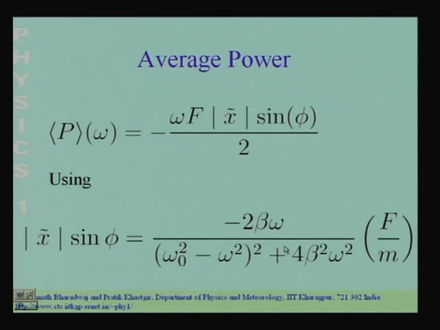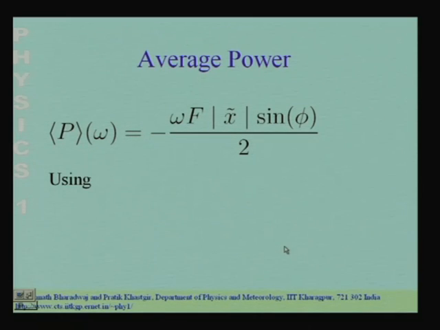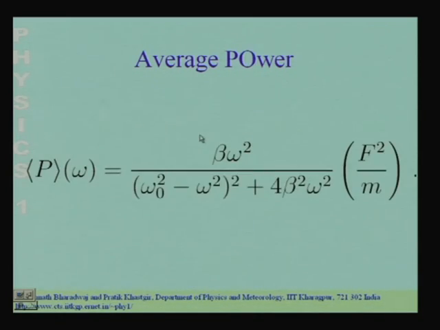So, putting this in the expression for the average power, we have the average power as a function of the angular frequency of the driving force. So, the average power that is transmitted to the oscillator as a function of the frequency of the driving force is given by this expression over here.